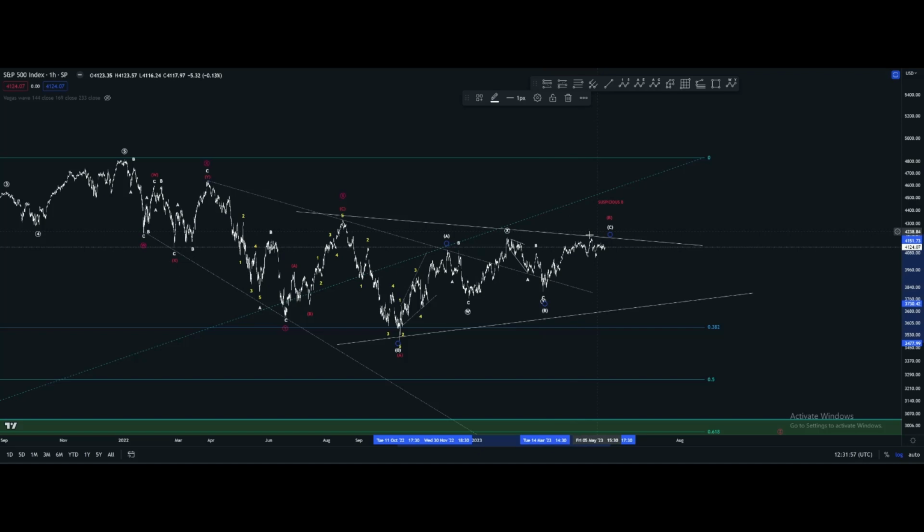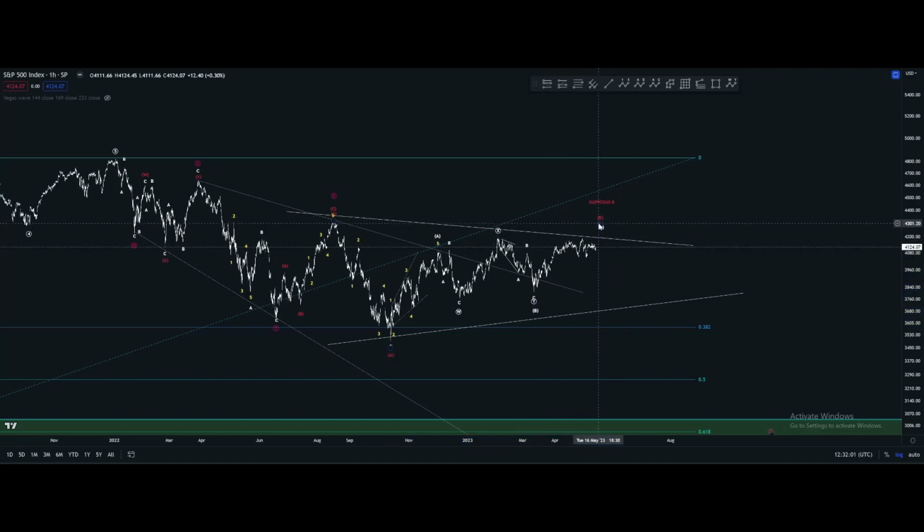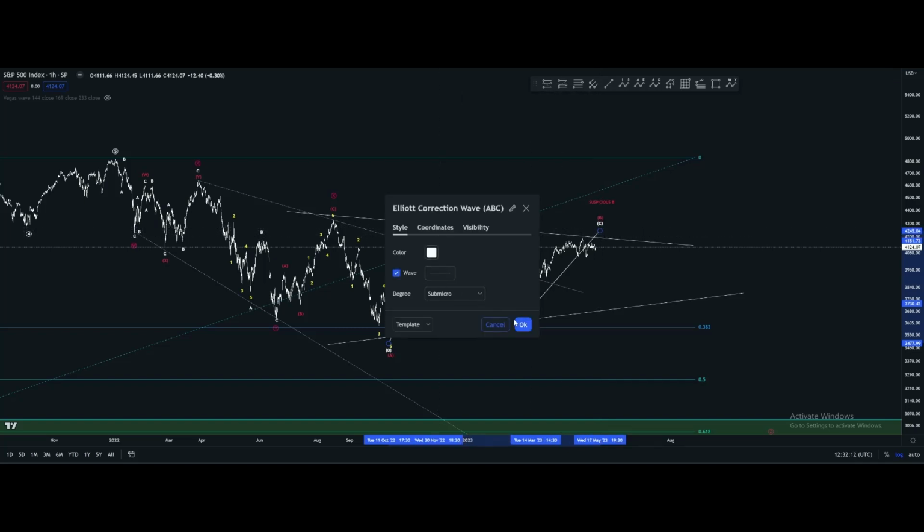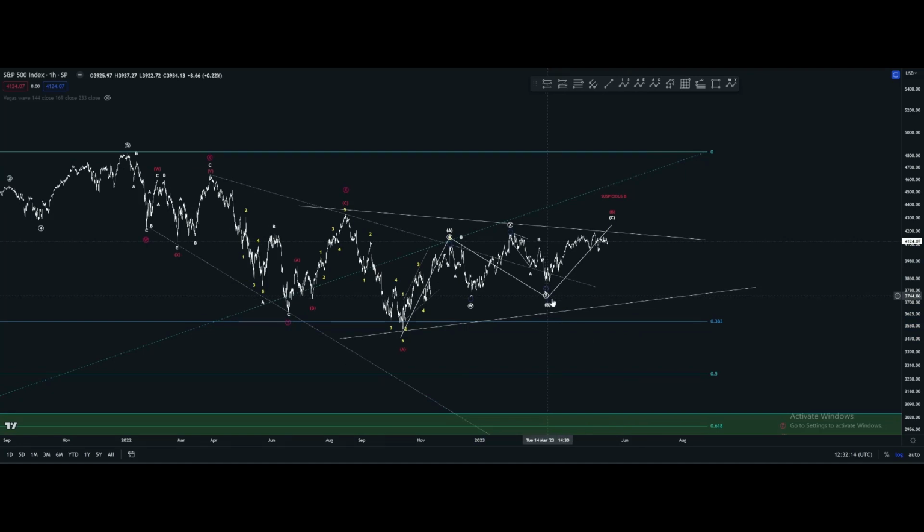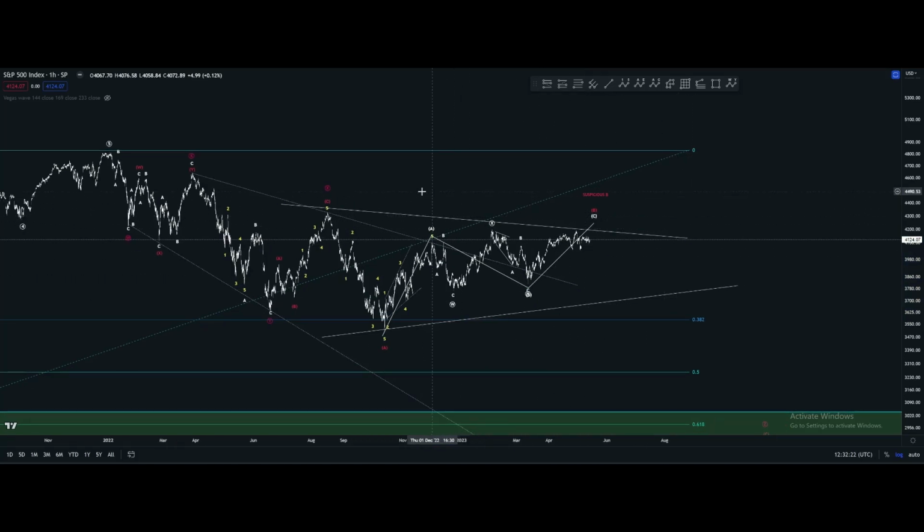And then this lazy looking thing that could either spike a bit up to grab liquidity and then drop, or it can just die off here, and this would be the move. Just as much as this can be 1, 2, and 3, this can be A, B, and C. And we cannot pass this X if it's a triple zigzag.